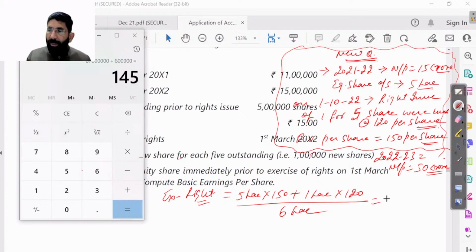It is 145, beta. So the right answer is 145 per share. And adjustment factor is with you. This is 145 divided by 150.